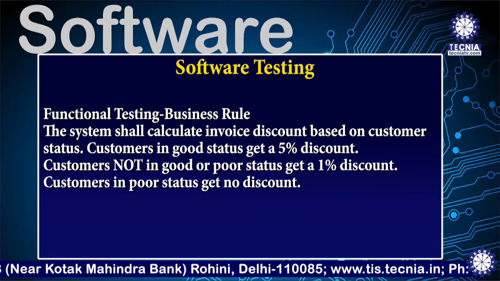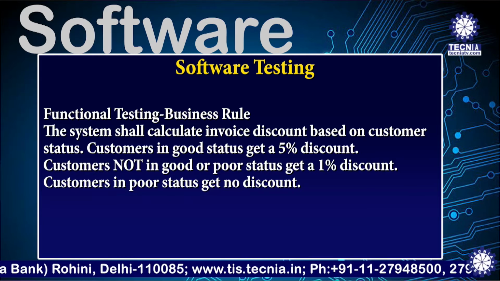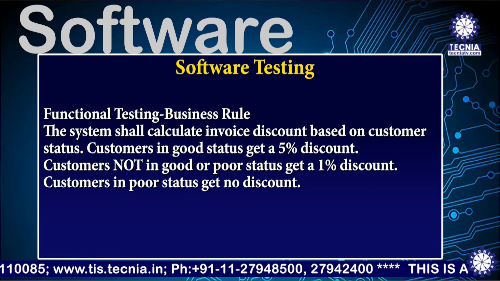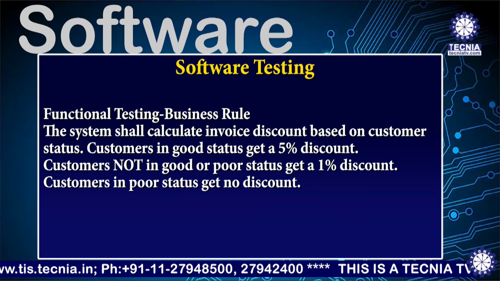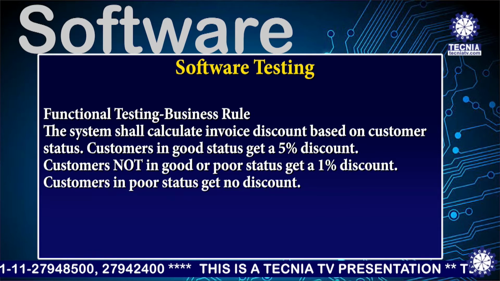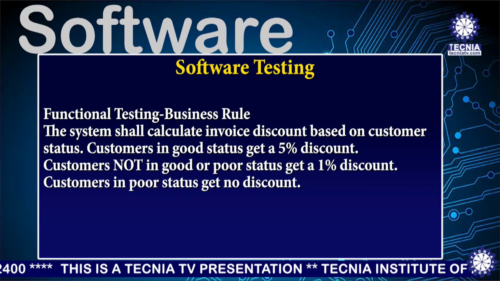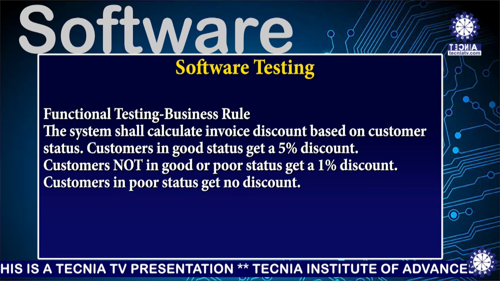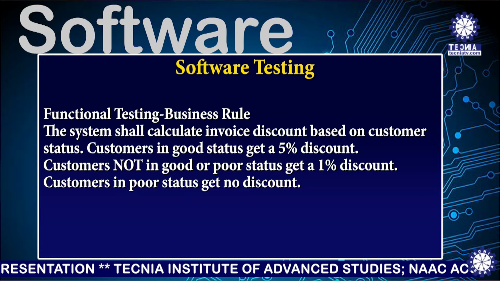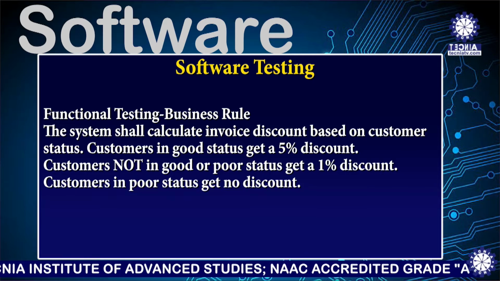If the customer is good, we may give 2% discount, and if the person is a bad customer, we may not give any discount. Once we define these criteria, if our software is calculating the concession based on excellent, good, and bad customers, then we say that the software is following the business rule.